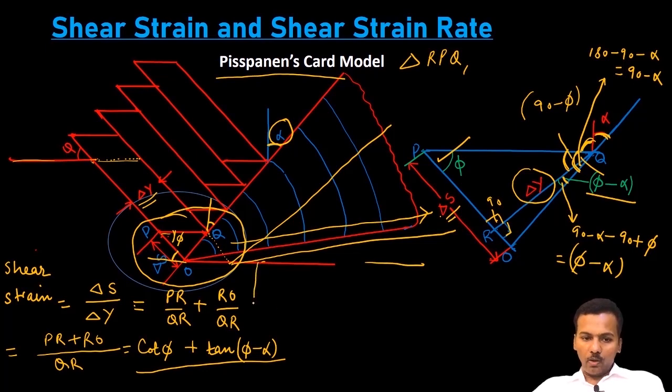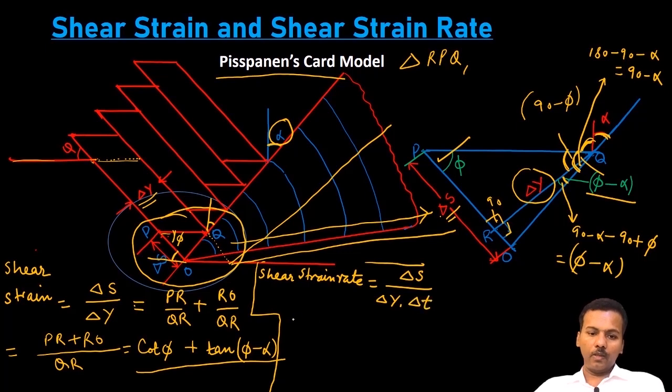Now if you want to calculate the shear strain rate, suppose this process is happening in an interval of time delta t, then we can write the shear strain rate as delta S upon delta Y into delta t.